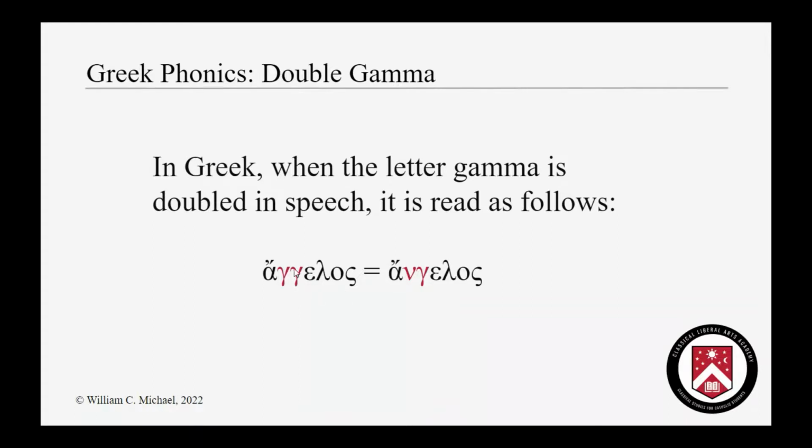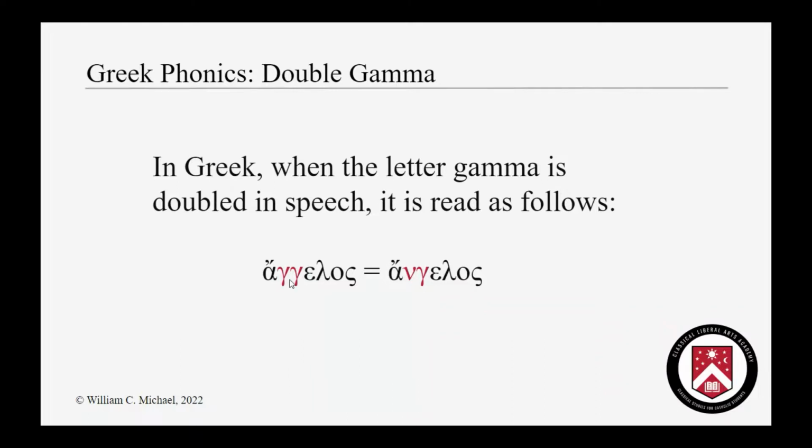They do not read it as two gammas, but change the first gamma to make the sound of the consonant nu. And we read this not as ag-gelos, but we read an-gelos, an-gelos.